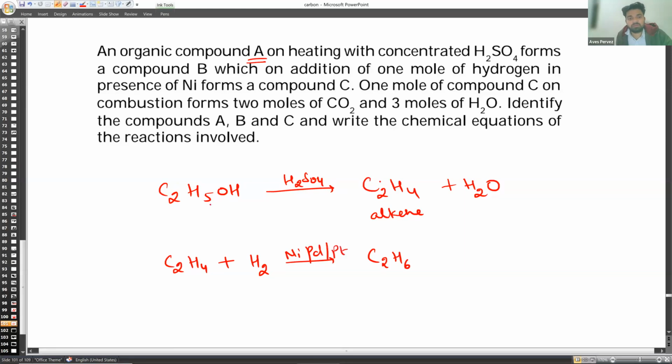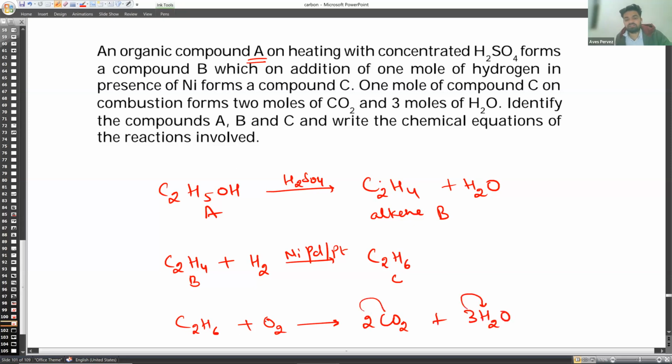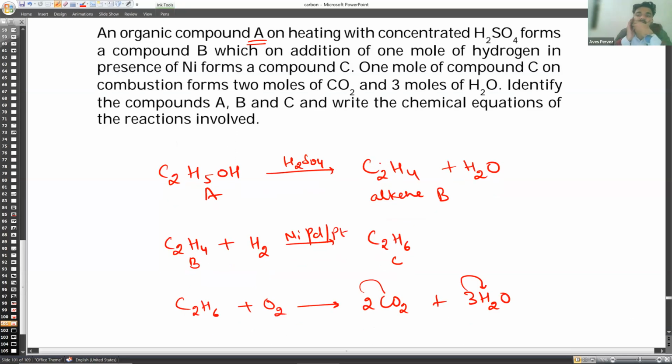Now this is compound A, this is compound B, this is C. Now when C2H6 undergoes combustion, it will give you 2 moles of carbon dioxide, CO2, plus 3 moles of water, so 6 hydrogen should be there and 2 carbon dioxide. Got it? So please copy this question. Copy this one fast.